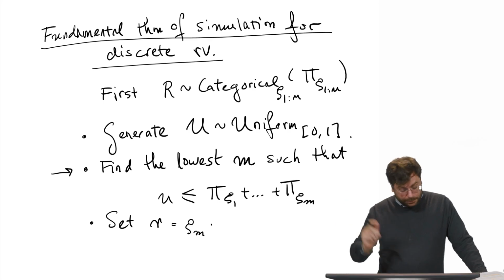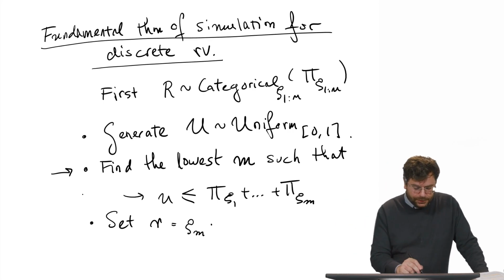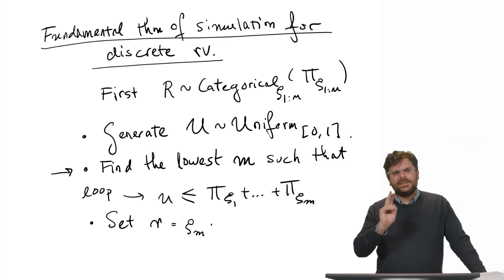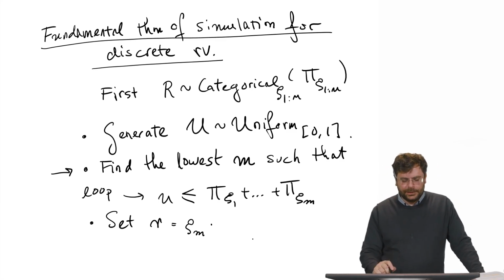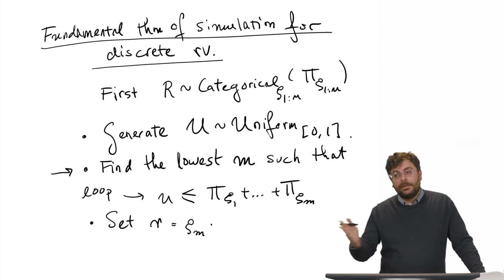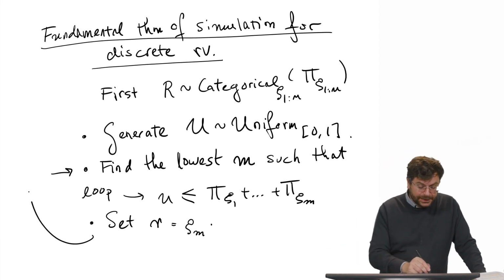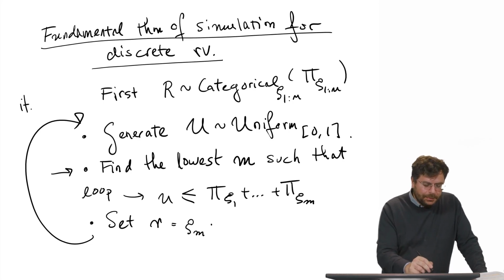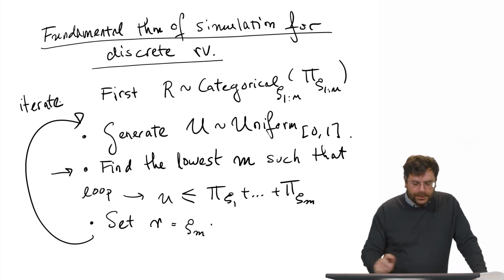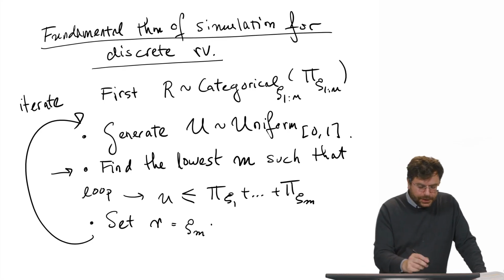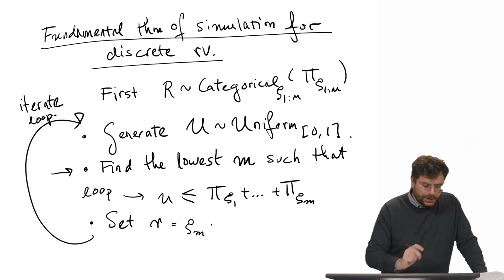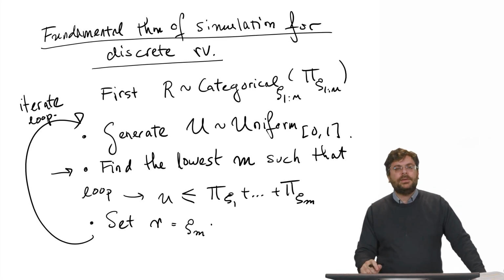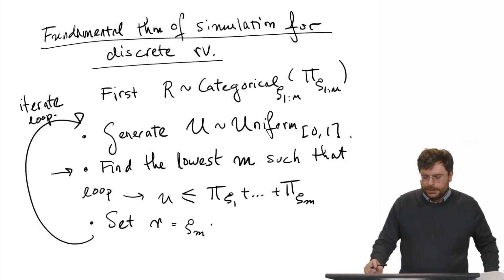And if u is greater than pi rho 1 plus pi rho 2, then I have to keep going. So there's a loop here that I have to do. And there's a second loop required by this algorithm. This one is maybe more obvious, maybe less obvious, I don't know. But typically speaking, you're not generating just one random variable, but you're generating very many of them, and you have to iterate. So this is another loop. So naively implemented, this algorithm requires two loops.